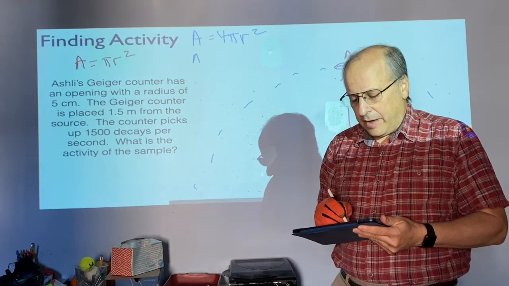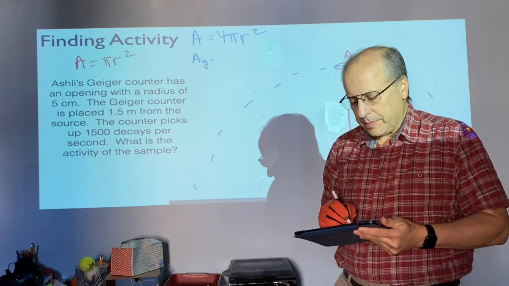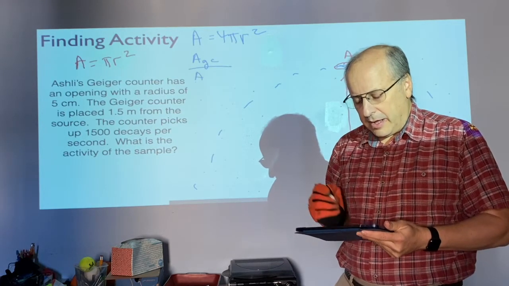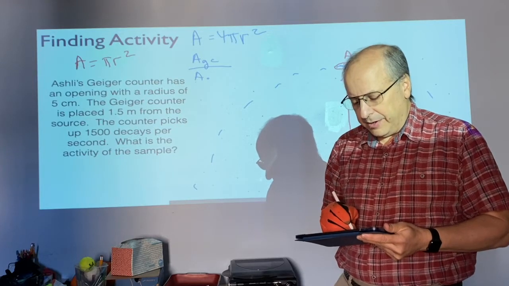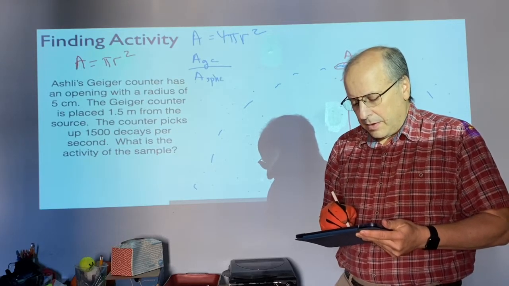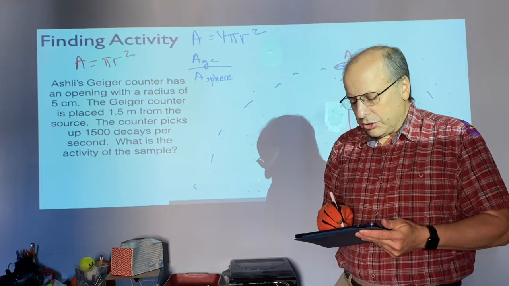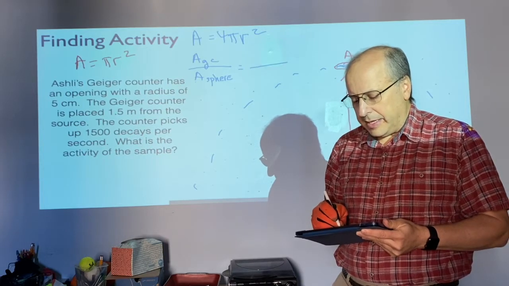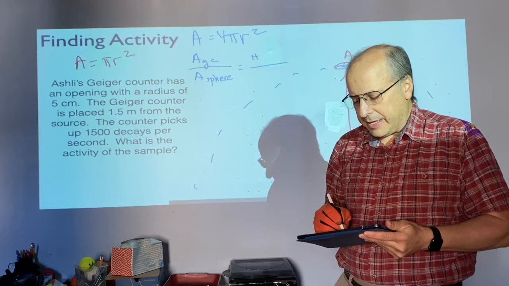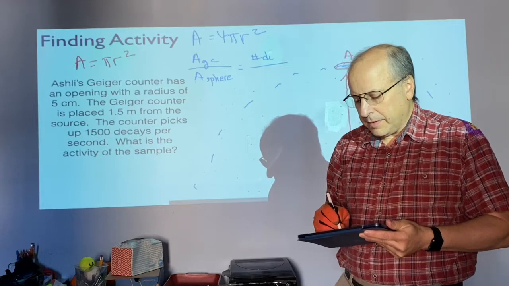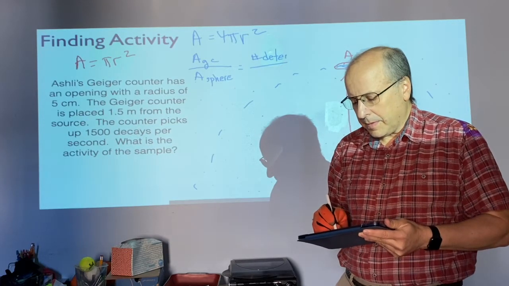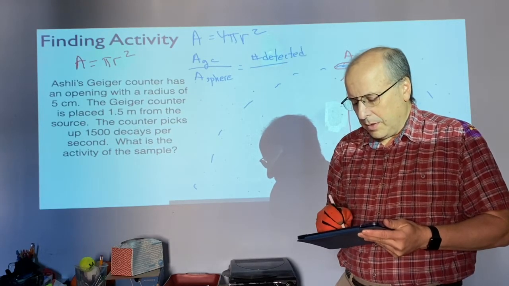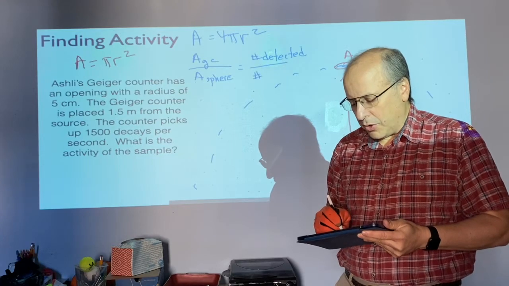The area of the Geiger counter to the area of the sphere should be the same as the number detected to the number total.